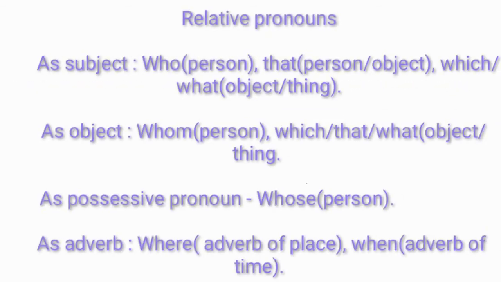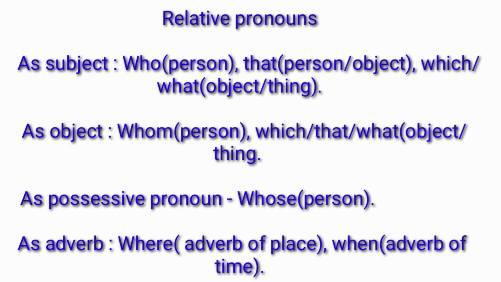Now, the words which are used as relative pronoun are, as subject: who, that, which, what. Who for person, that for person and object, which and what for object or thing.